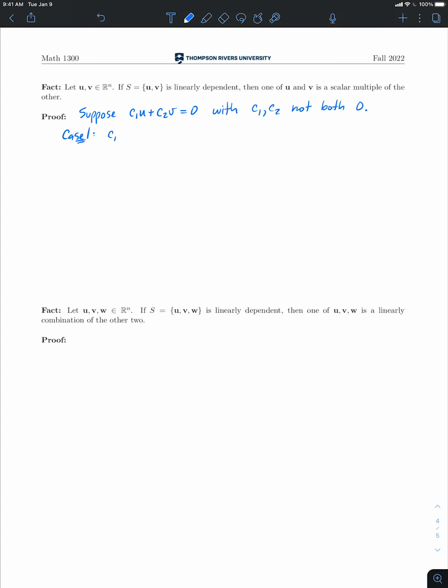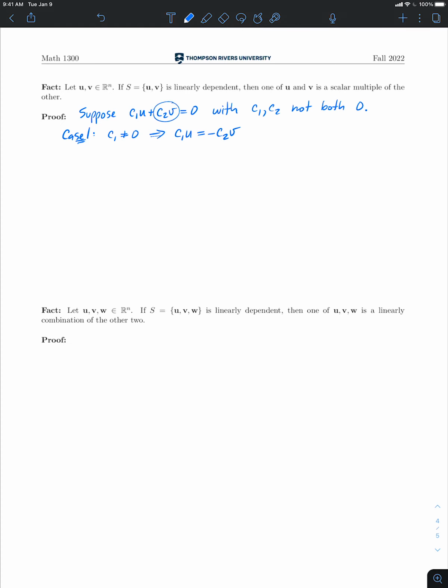Case 1 is that c1 is not equal to 0. Regardless of whether c2 is 0, because we're not going to make any assumptions about c2 here, it might be 0 or it might not be 0, if c1 is not 0, we can do this. We can say c1u is equal to negative c2v.